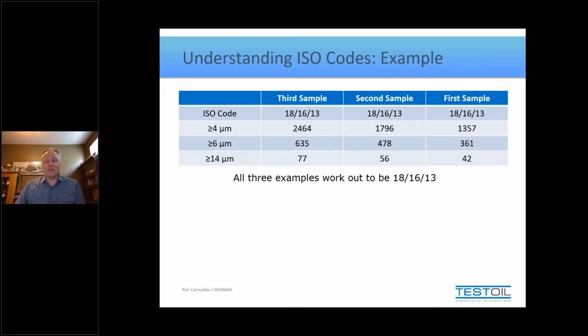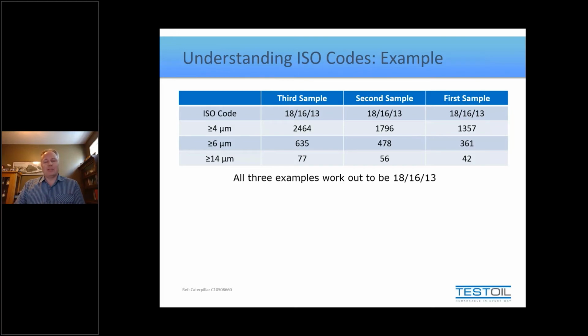It's not changing. It's level, however you want to phrase that. That's the point of the ISO coding system. It removes a lot of the resolution that we would look at in trying to determine a 10 or 100 particle change per milliliter. We're now looking at it going, no, it's in the same range. It's in the same ballpark. So ultimately 18, 16, 13 for all 3 of these indicates that the particle count is not essentially changing that much. So now we could all agree that the particle count has not changed much.